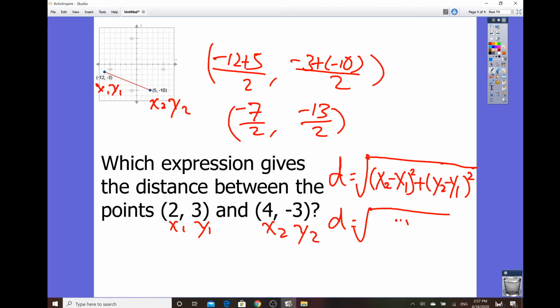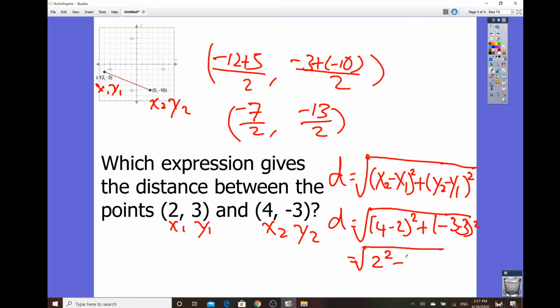This one here will be considered x2 minus x1, so we do have 4 minus 2, and then y2 minus y1, so negative 3 minus 3 quantity squared. 4 minus 2 is 2, so that gives 2 squared.